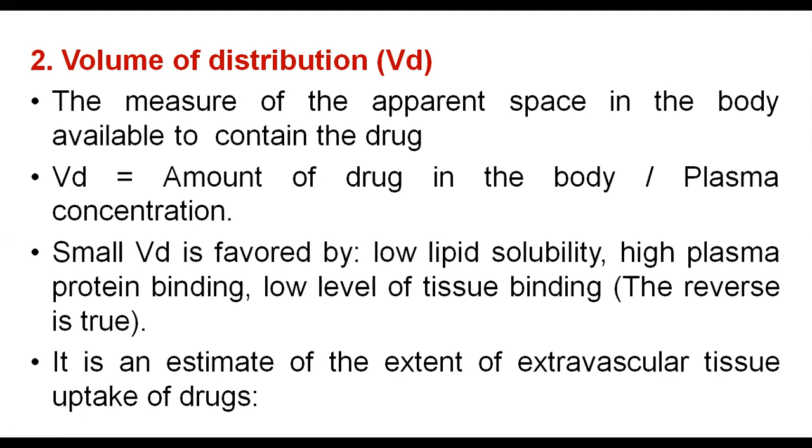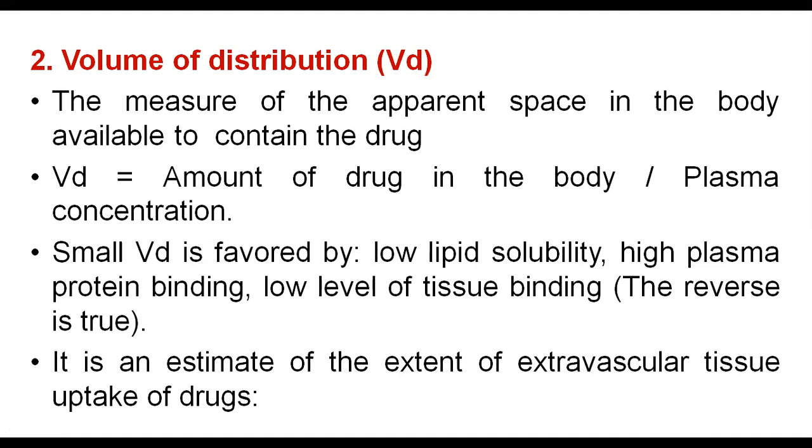This implies that for a drug to have a large volume of distribution, it should have high lipid solubility, low plasma binding, and a high level of tissue binding. Okay?